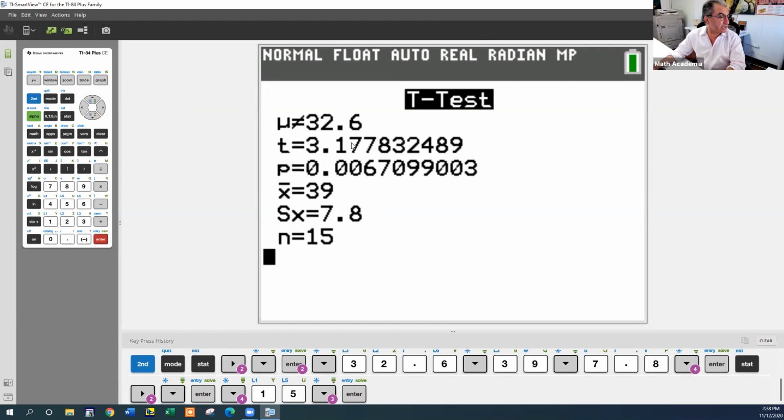And if you do that, yeah, 3.18, we got it. And the p-value is 0.0067. So we got the same numbers in our calculation. So 0.0067, again, is much smaller than 0.05. So that's why you say reject H0.